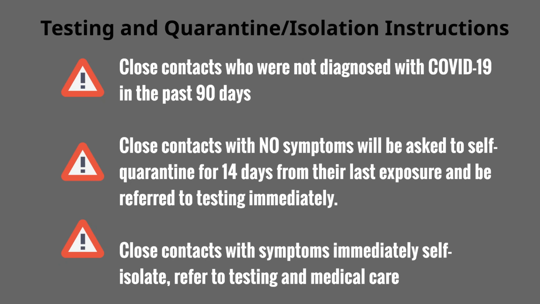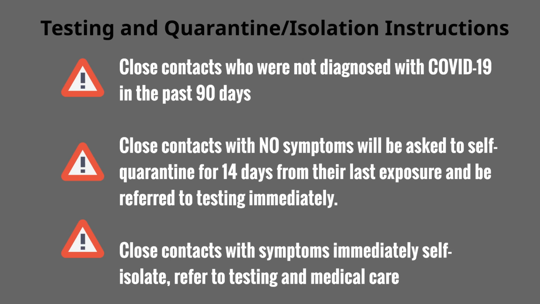There's also protocols to advise what the contact should do, dependent on their symptoms and also dependent on if they actually had a positive COVID case previously. This has recently changed with the CDC. This slide and the next few slides are very important.